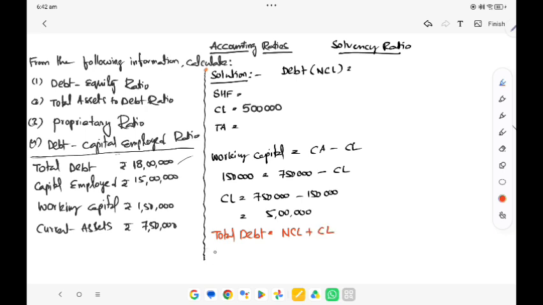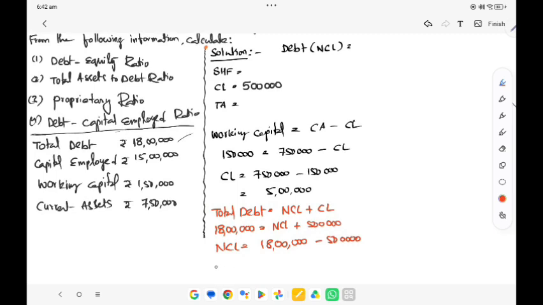Total debt is given as 18 lakhs, which is equal to non-current liability, we don't know, plus current liability. Current liability we calculated as 5 lakhs.